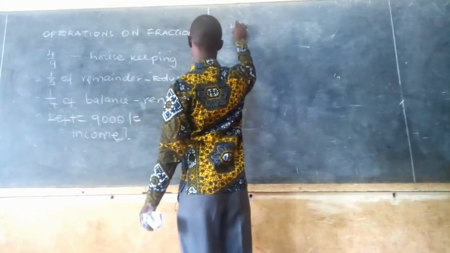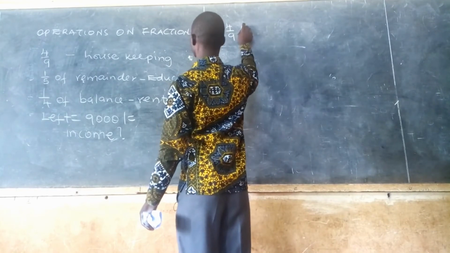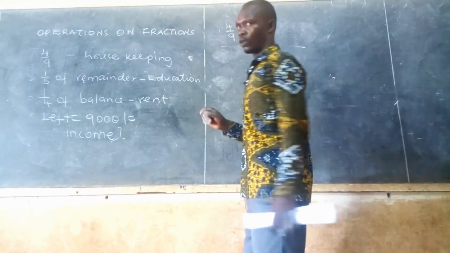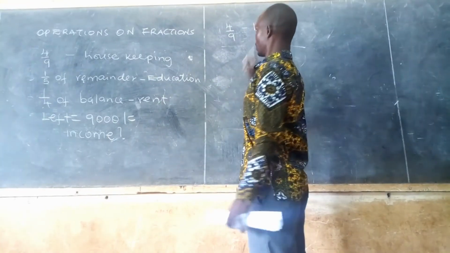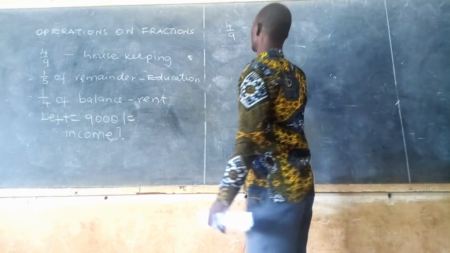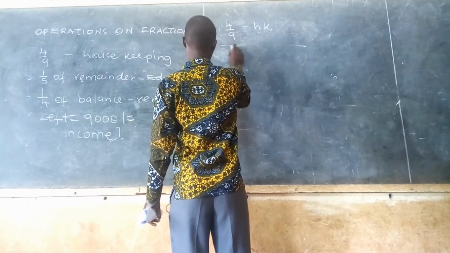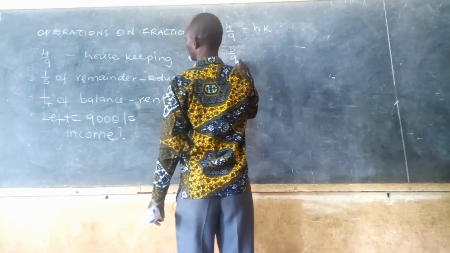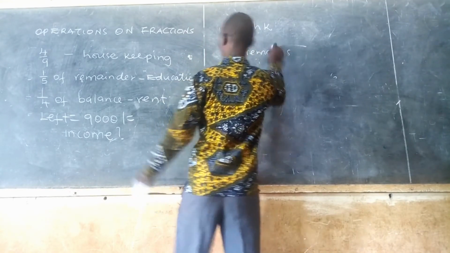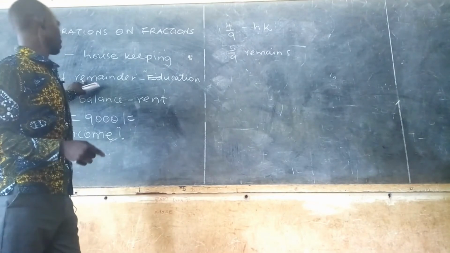Say 4/9, this one is housekeeping. What do we remain with? 9/9 minus 4/9. So that will leave us with 5/9 is what is remaining. That is the remainder that you're told.